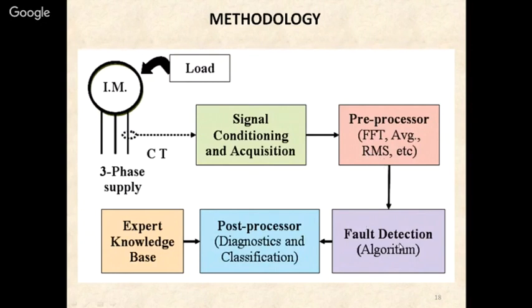Then some algorithm is applied, which will generate some feature vector or some classification, and then the exact classification or the indication of motor fault is obtained from the diagnostic and classification processor. So this is the basic methodology which is adopted in motor current signature analysis.